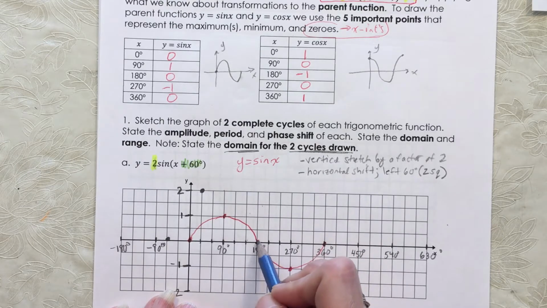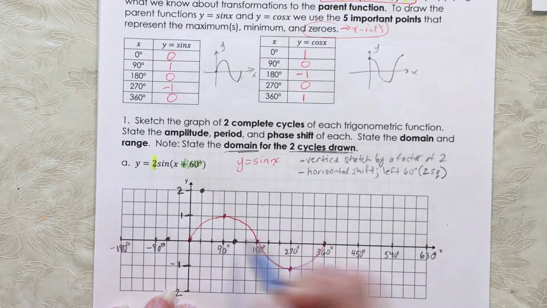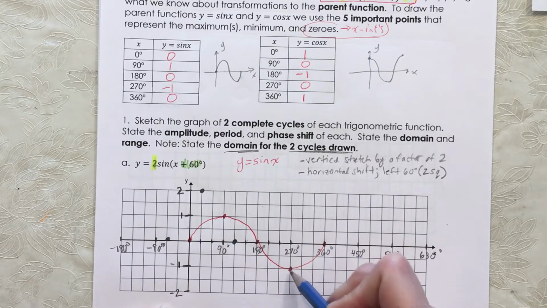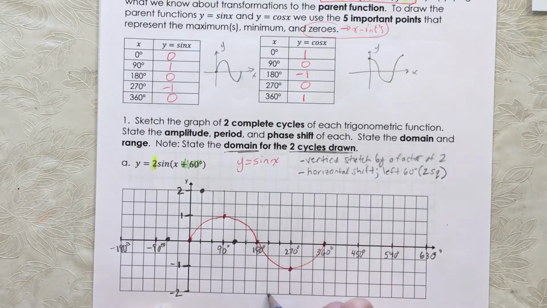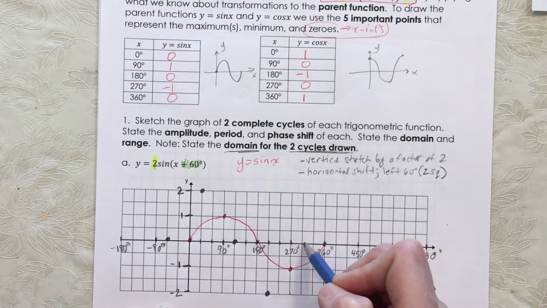Third one, doubling my distance from the central axis, so I'm still at 0, and then left 2. For here, doubling my distance from the central axis, so instead of -1, I'm going to be at -2, and then left 2. And then my fifth important point, doubling my distance from the central axis, so still at 0, and then left 2.